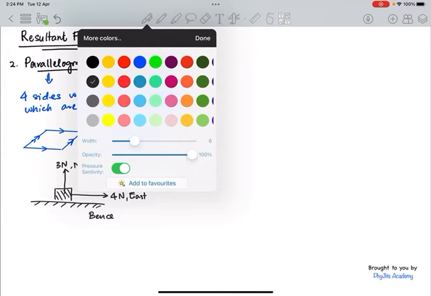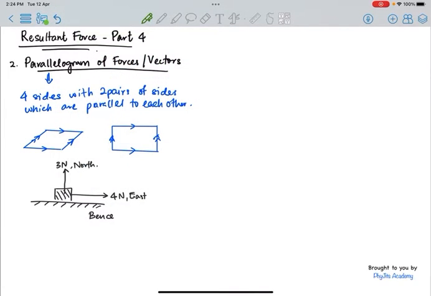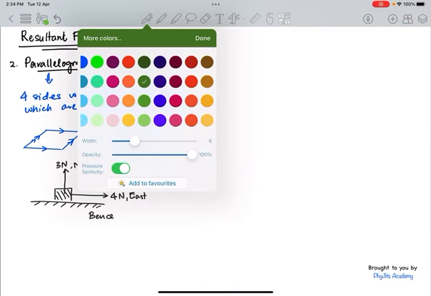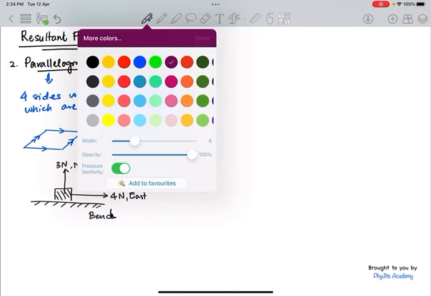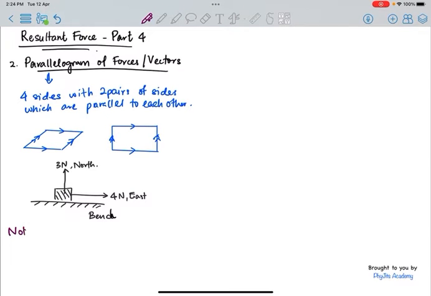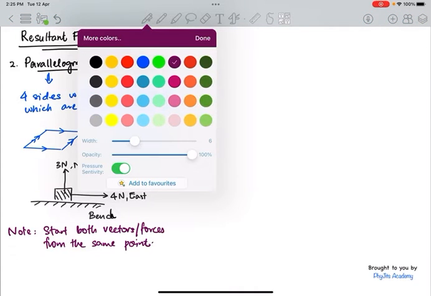That is the important note to be taken here: you have to start both of the forces from the same point. What does that mean? Starting from the same point.